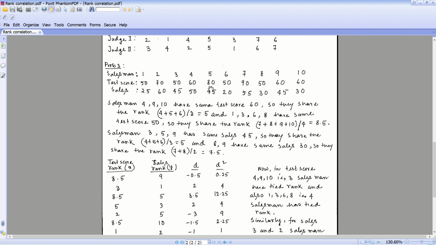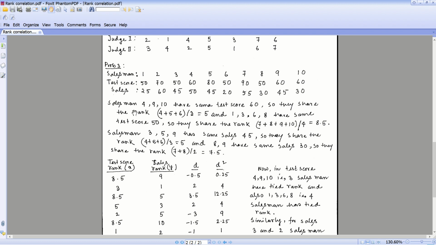So how to find out the rank correlation coefficient for tied ranks of test score and sales? Here the explanation is, first we need to find out the tied rank value. That means salesmen 4, 9 and 10 have the same test score 60, so they share the same rank.